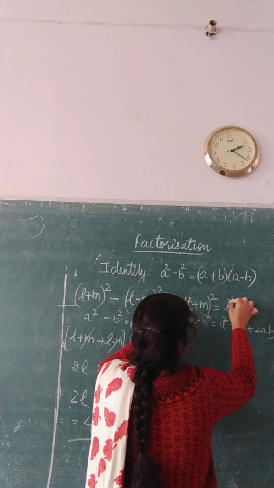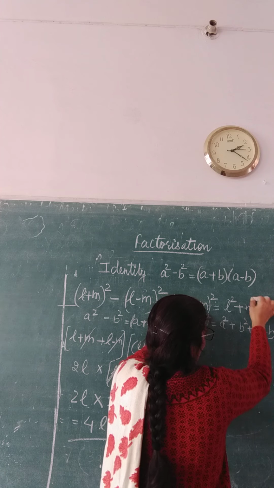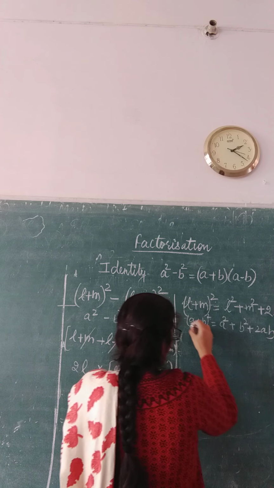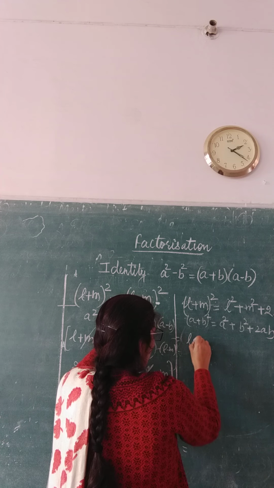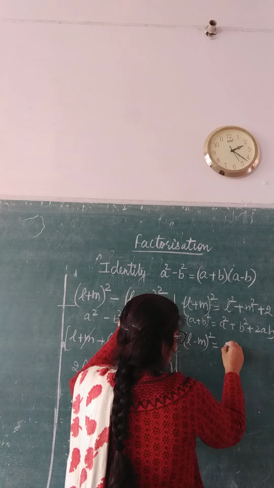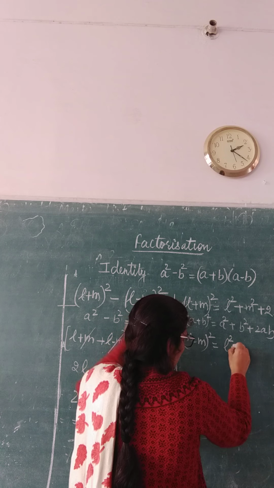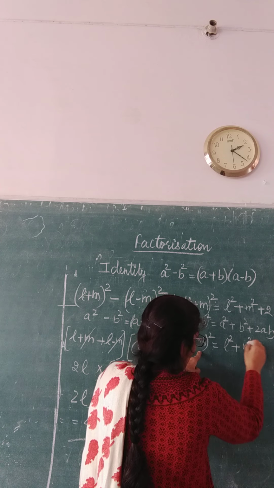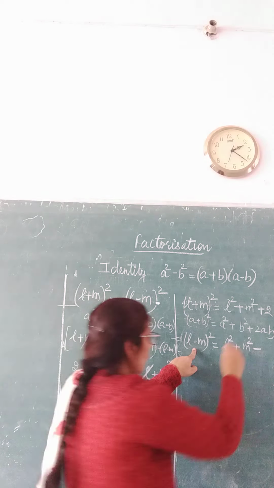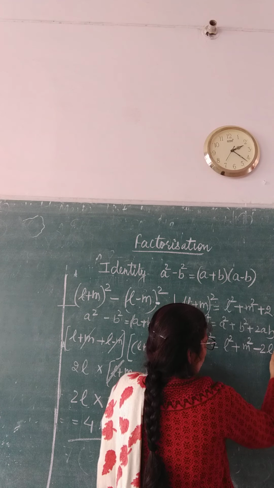It will be L square plus M square plus 2LM. Right? So similarly, L minus M whole square will be equal to L square plus M square minus 2LM. Squares are always positive and the answer will be minus 2LM.